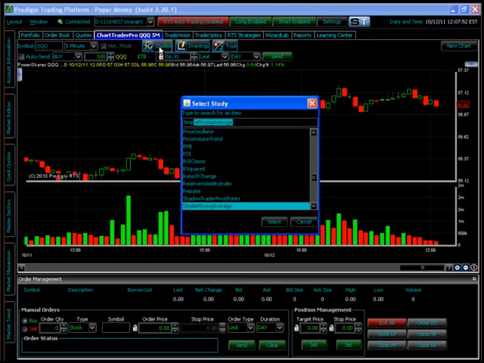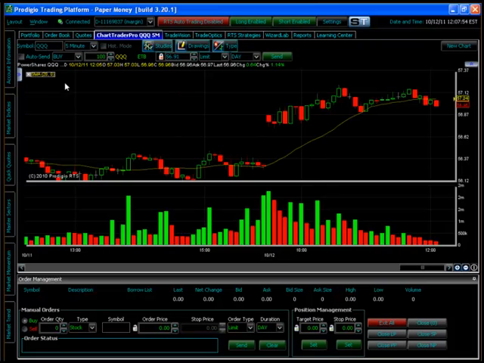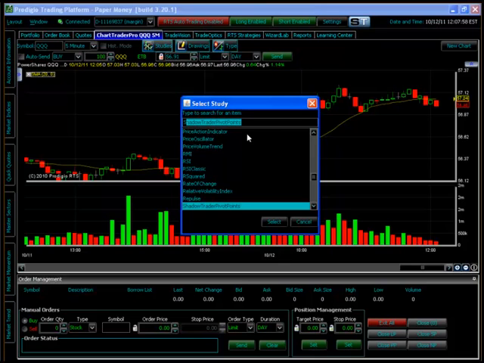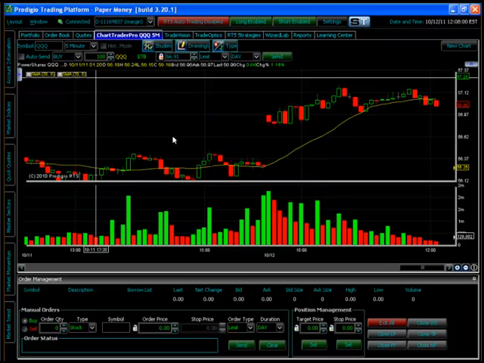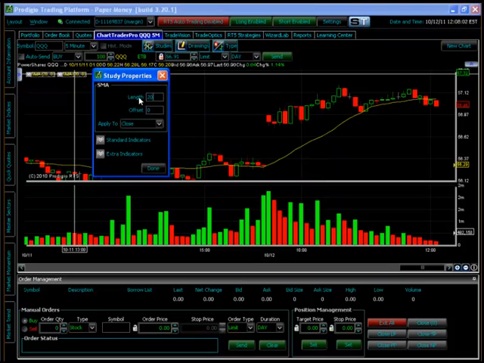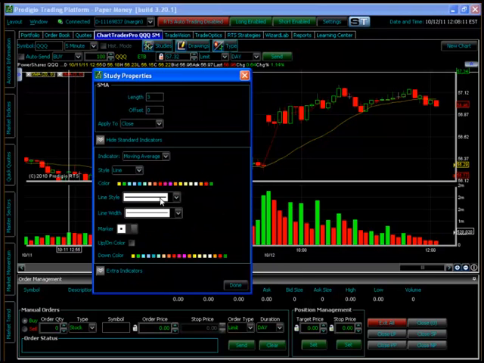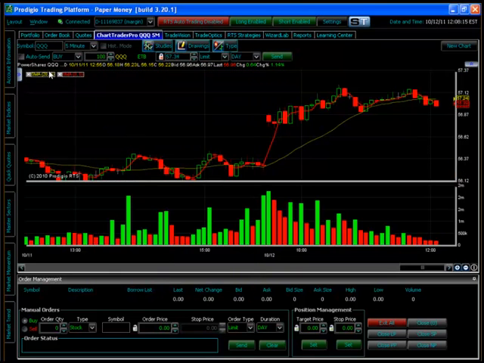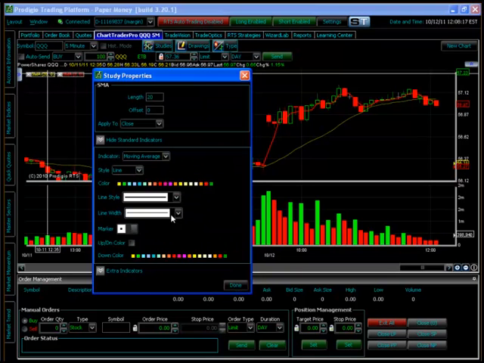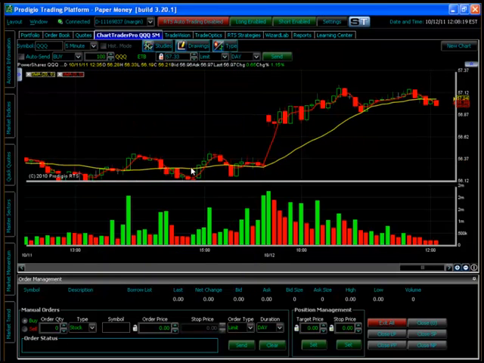And I can take a number of different approaches to this, but what I'm going to do just for demonstrative purposes, and I'm sure this is the most basic of the basic for a lot of you guys out there, but I actually want to change the color of this. Let's see. And let's make these a little thicker on the chart so I can illustrate. I am looking at two different speeds of moving averages.